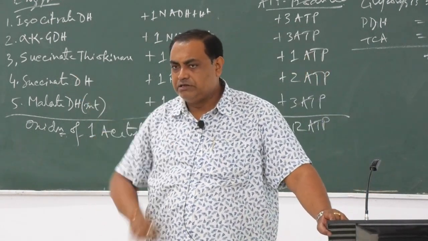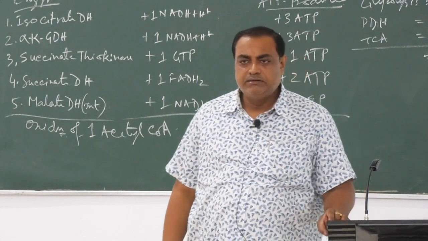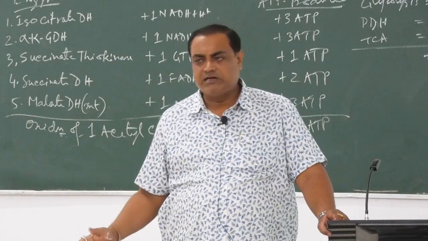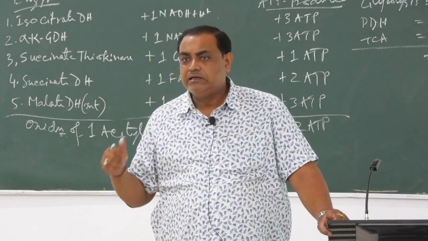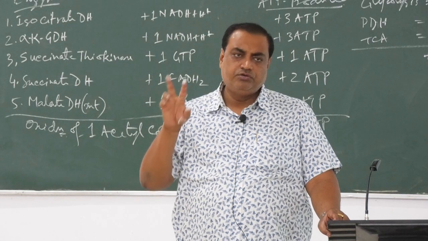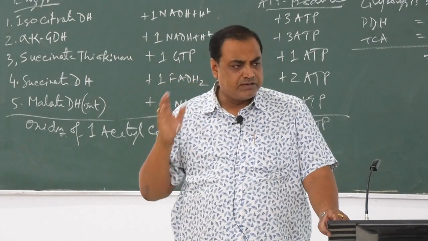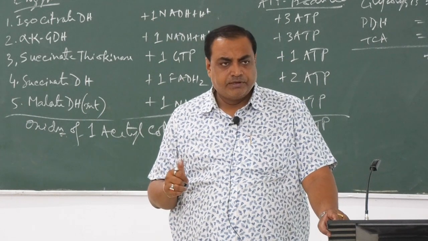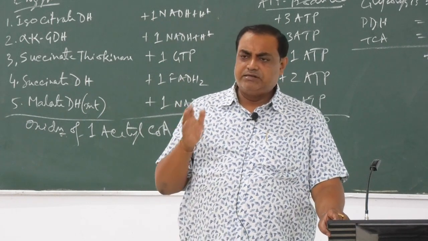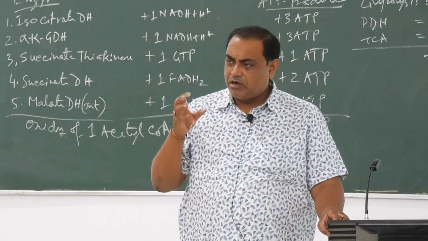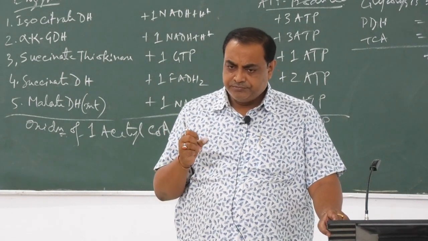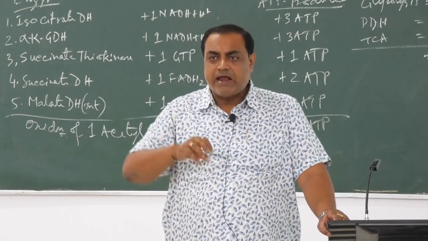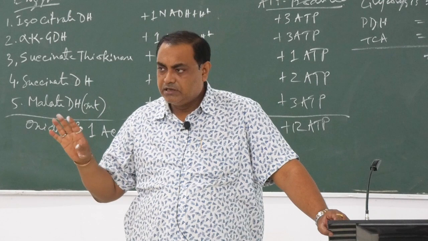So there are two shuttles: the malate aspartate shuttle and the glycerol 3-phosphate shuttle, two shuttle systems. The malate aspartate shuttle takes up electrons from one molecule of NADH and gives them back inside mitochondria to another molecule of NADH. Clear?